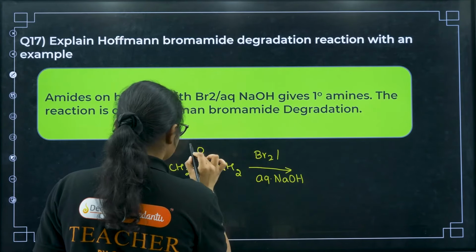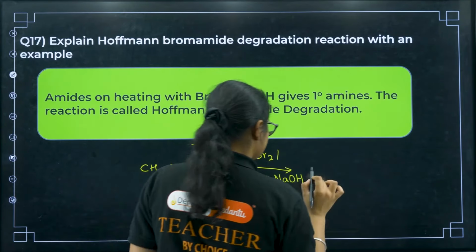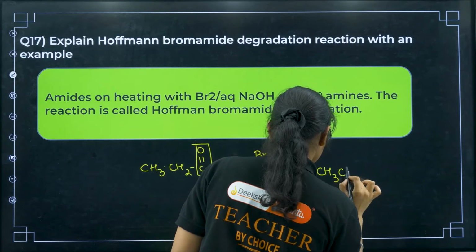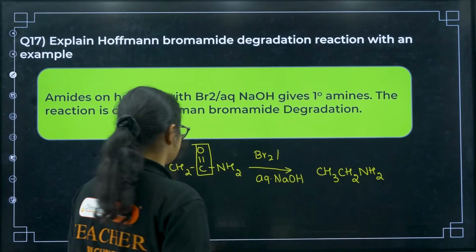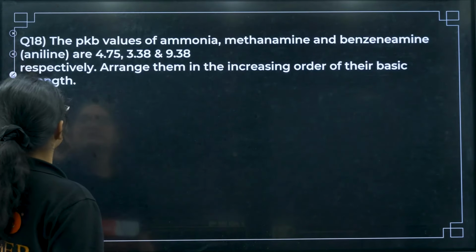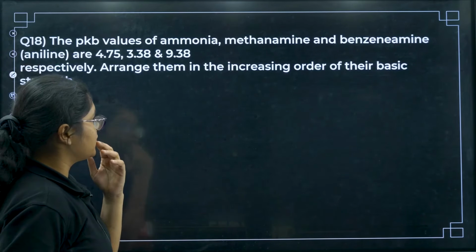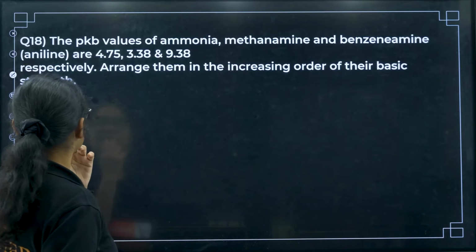Okay, so this one will replace the CO group and I will get here CH3CH2NH2.